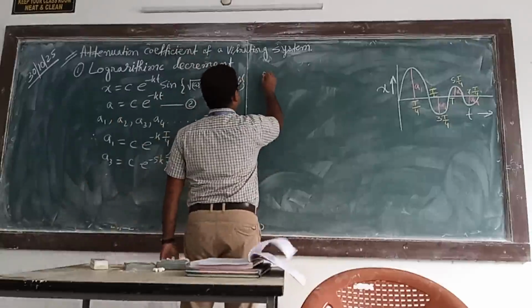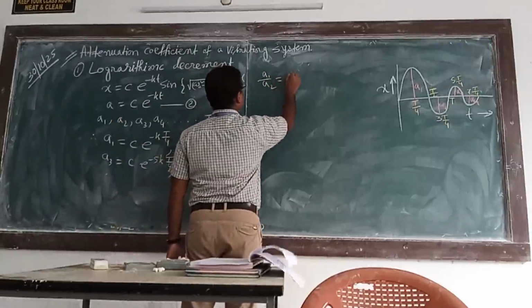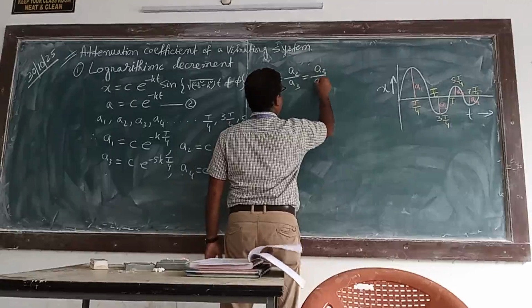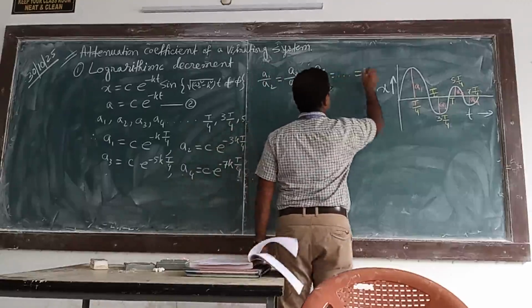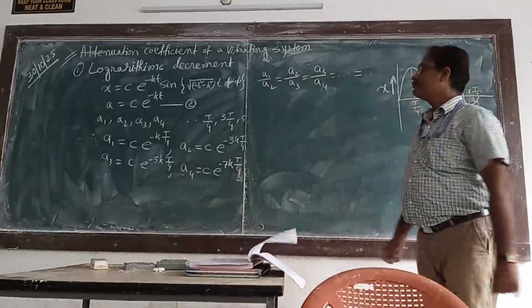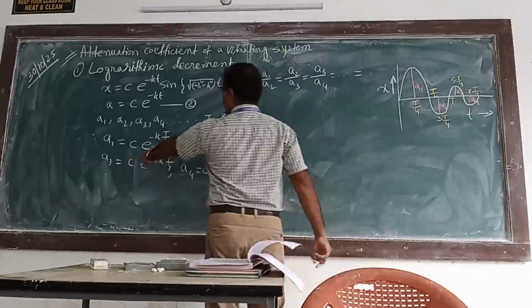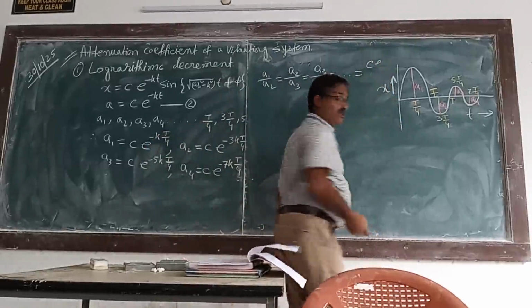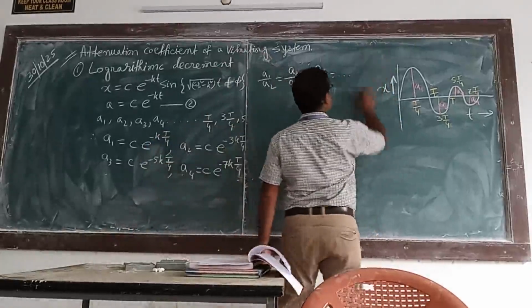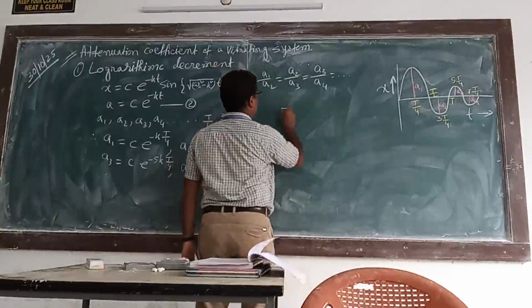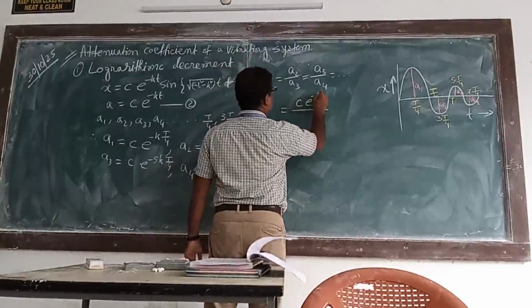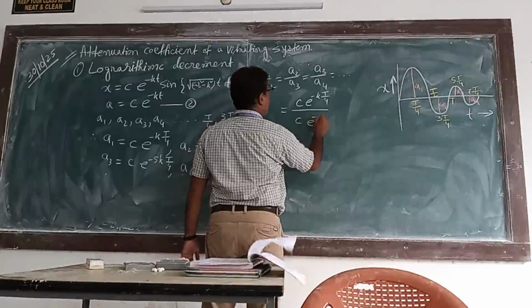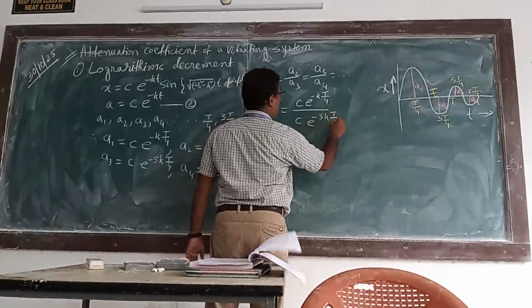A1 by A2 equals A2 by A3 equals A3 by A4 equals C e to the power minus kT by 4 by C e to the power minus 3kT by 4.